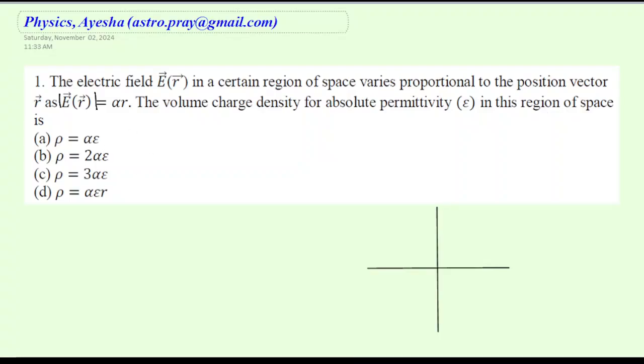First of all, there are a few things to understand over here. The first thing is, what is the meaning of this vector E? It is telling us that electric field is a vector field. The meaning of vector field is, let's consider a coordinate system with x and y directions here.